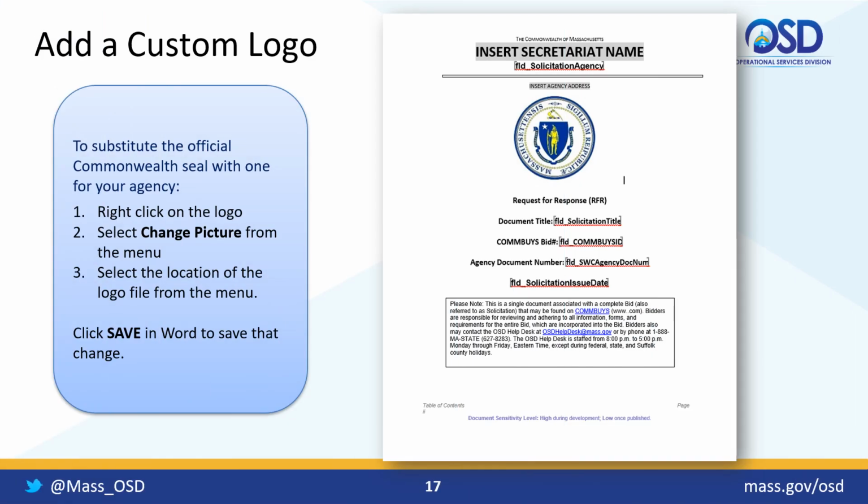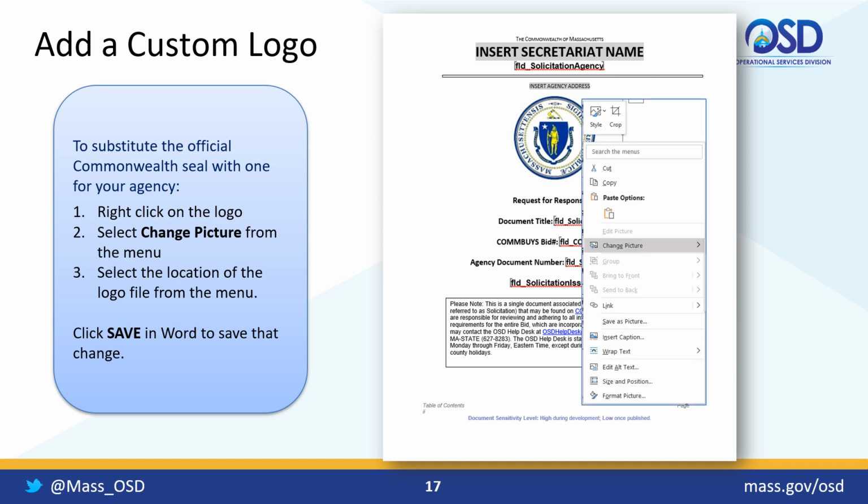The baseline RFR template includes the state seal. If your department or agency has an official seal of its own, your template can display that instead. There are several ways to change the logo, but here's one. Right-click on the logo.